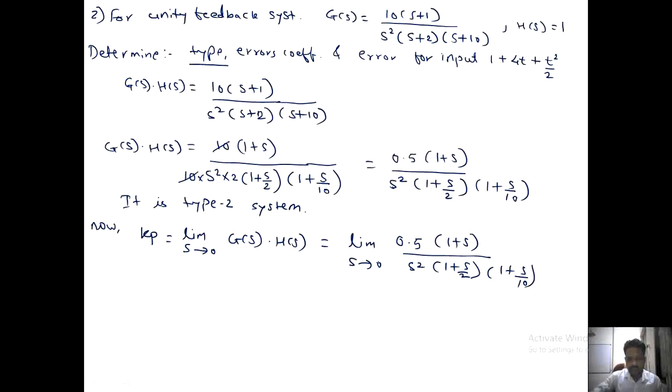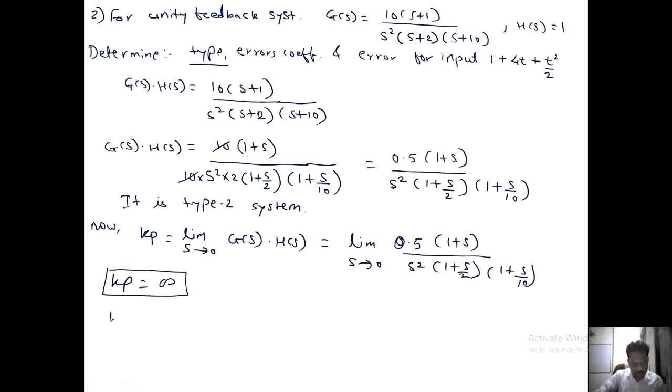So put the limit. If you put s equal to 0, in the numerator 0.5 into (1 plus 0), so 0.5, and divide by s square, that is 0. So 0.5 by 0 will be infinity. Something by 0 is infinity.